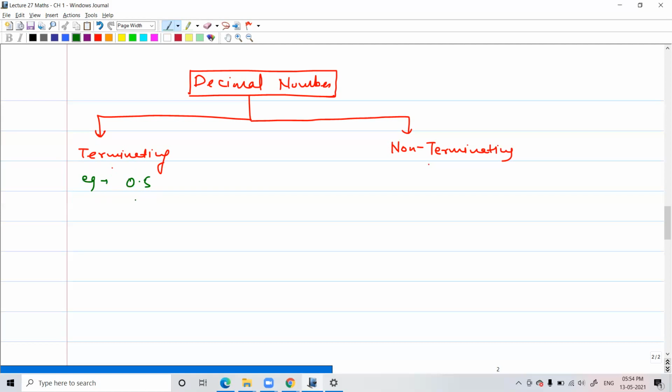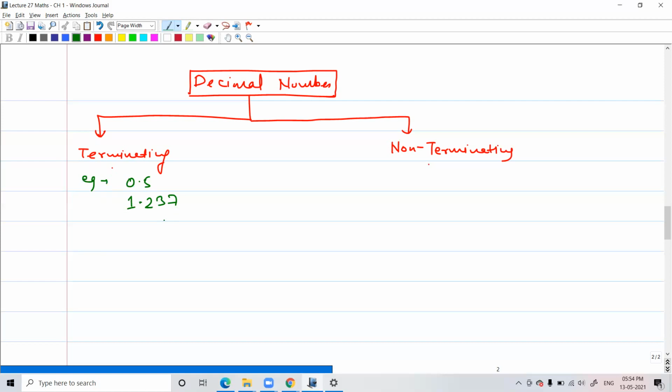Give me more examples, other people. Terminating decimal, give me an example. Go ahead, any number, just throw some number at me. 1.2. So let's take a bigger number, 1.237. This has three decimal digits, and after that it stops.